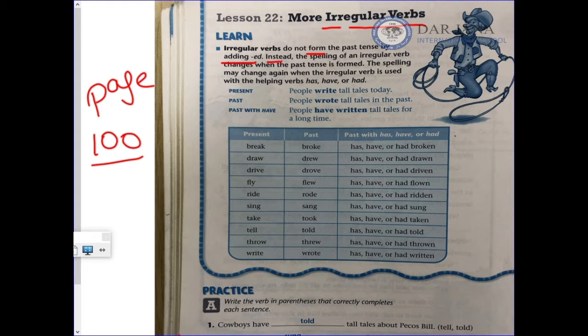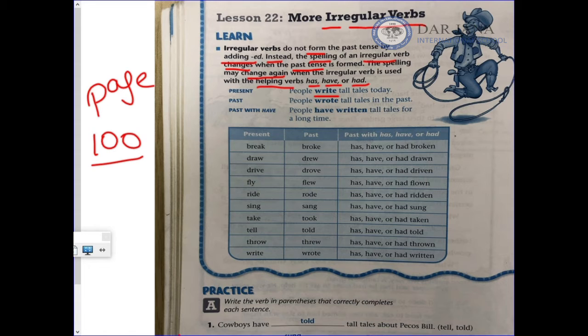Instead, the spelling of an irregular verb changes. The spelling changes when it is in the past form, and it may change again when we use the helping verb has, have, or had. For example, people write tall tales today.